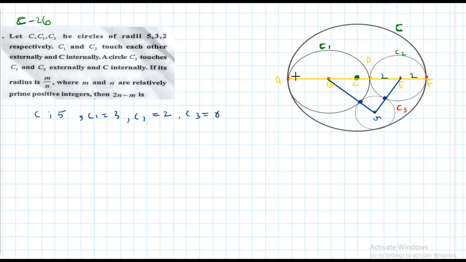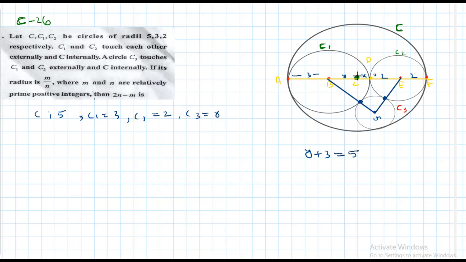So this is 3. B to D is also 3, but I want separate values. Say this is X and this is Y. I want the X and Y values here. Observe: Y plus 3 is the radius of the bigger circle, that is 5.